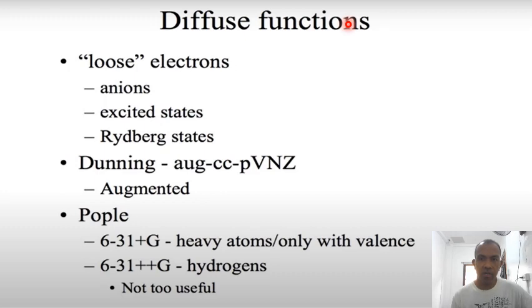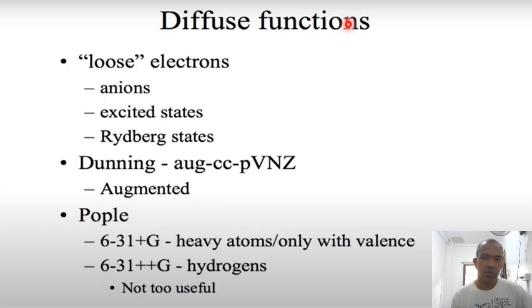For a carbon, it will have an extra s and extra px, py, pz, with exponents quite a bit smaller than the valence exponents, so those functions decay very slowly and have reasonable amplitude quite far away from the atom.